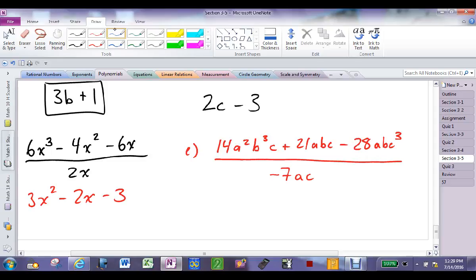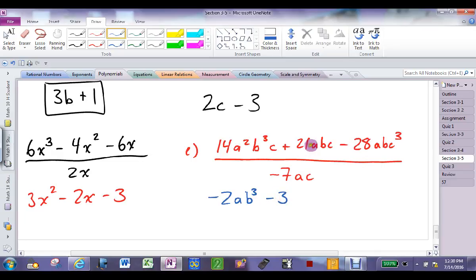Okay. Hit me, Aiden. 2ab squared. Negative 2ab. Negative 2 a squared b cubed. There's no b on the bottom, so the b's can't change. B cubed. Now what? C on top, C on the bottom, so they're gone. Then negative 3a.